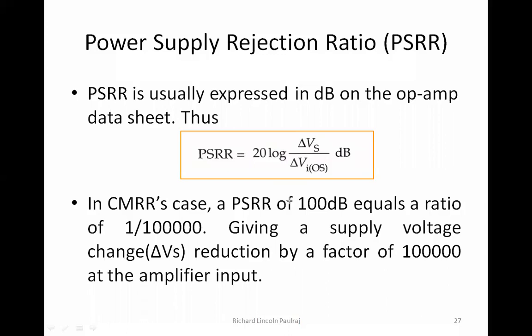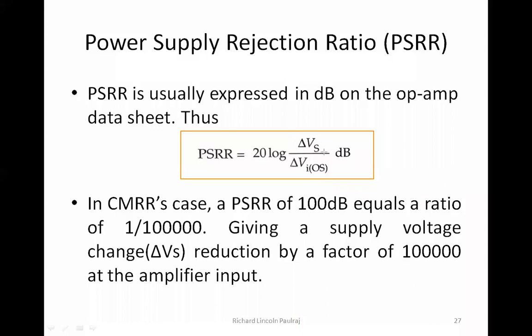Now this is nothing but some change in your supply voltage. Vs is supply voltage. Delta is the minute change in supply voltage, and the changes in input voltage. OS is nothing but your offset, the input offset voltage. So please make note of all these abbreviations. It's going to help you during your exams and internals.